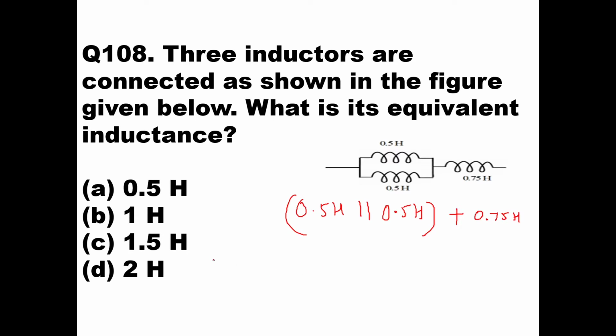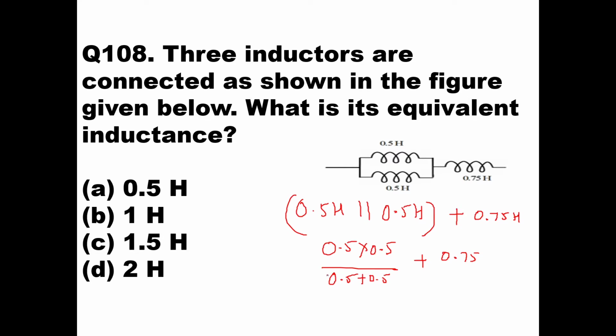So the equivalent of that parallel combination will be 0.5 into 0.5 upon 0.5 plus 0.5. This is in series with 0.75.